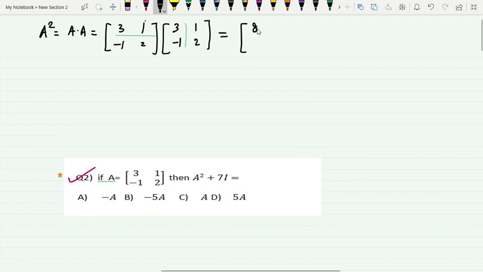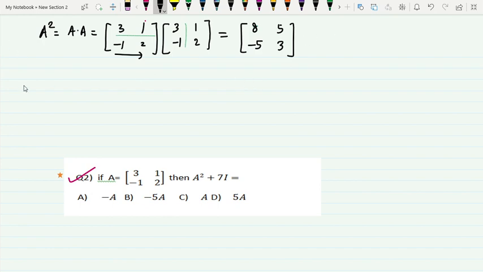Then 3 plus 2 is 5. Then first row into second column: minus 3 and minus 2, which is minus 5. Second row into second column: minus 1 and plus 4, it is 3.